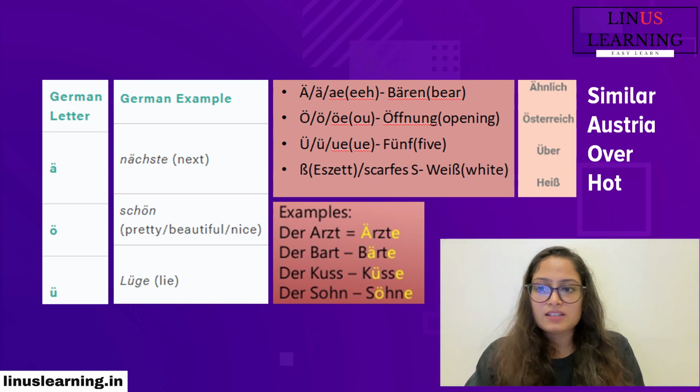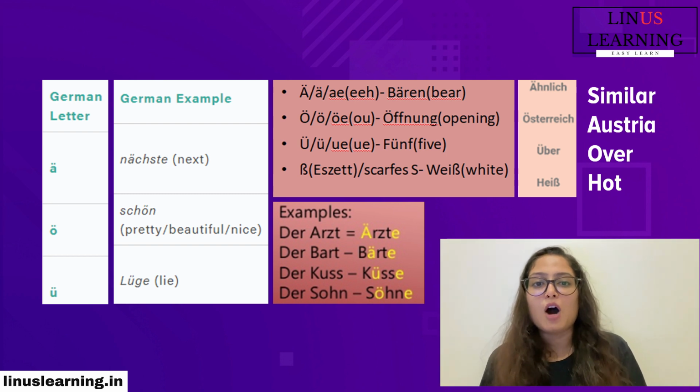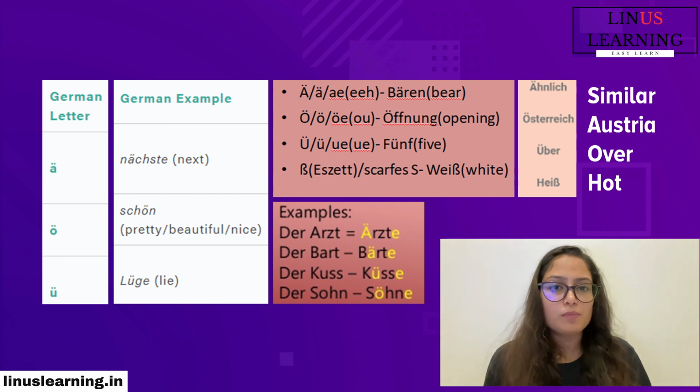Okay, let's take these examples of A, O and U also with umlauts. So Äpfel, like I said, A with umlauts, if you say the alphabet, you will either say Ä or A umlaut.